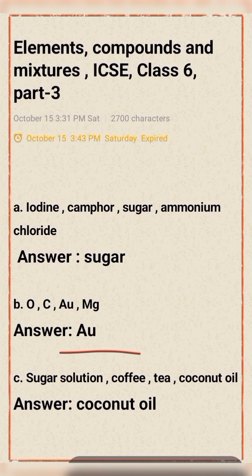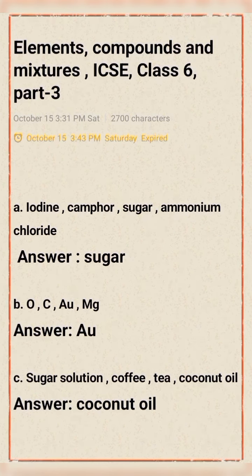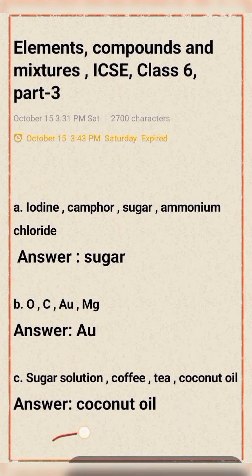Au, gold, is the odd one out. Next part, that is the last part of this video. Sugar solution, coffee, tea, coconut oil. Answer, coconut oil.